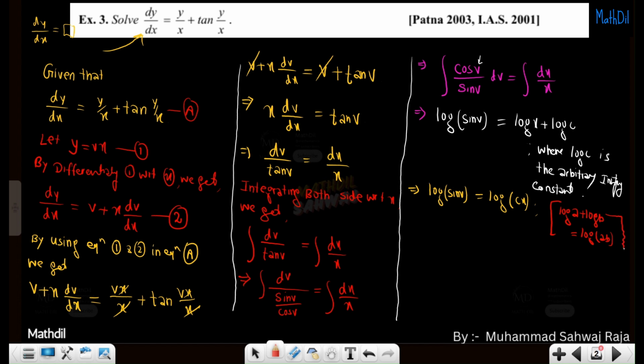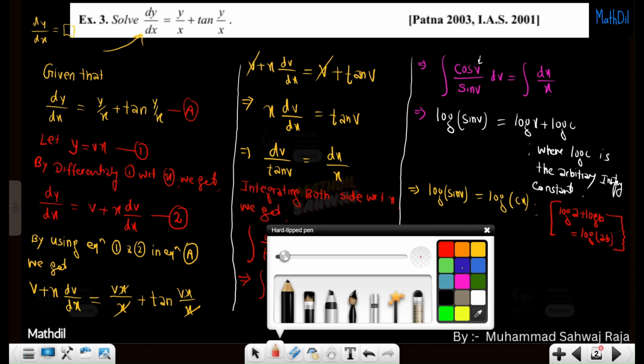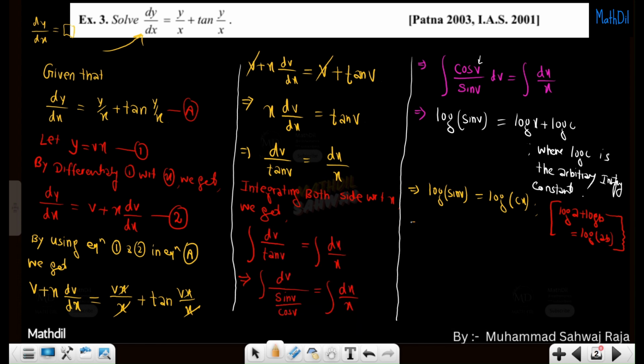Basically this is the standard result of logarithm. I hope you know it, and if not, just remember that this holds. And it will imply that the log will cancel, so sin v is equal to cx.